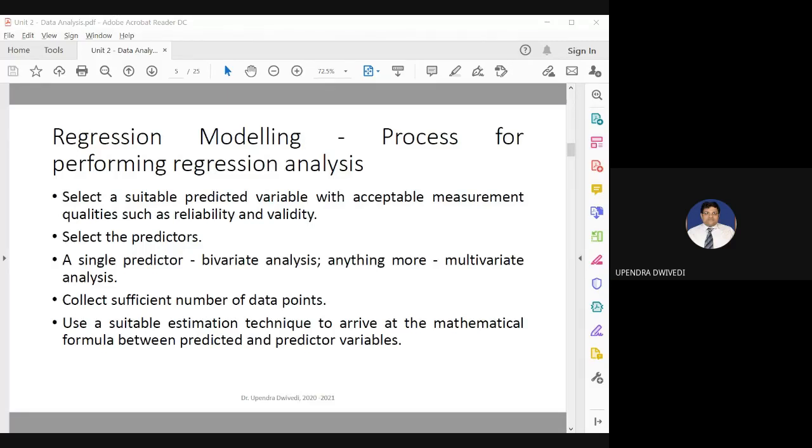Okay, guys, this is a question from my side. We'll take 2 minutes, and please try to write an example where your problem is dependent on a single variable. Can you think of a problem which has a single predictor and a single predicted variable?